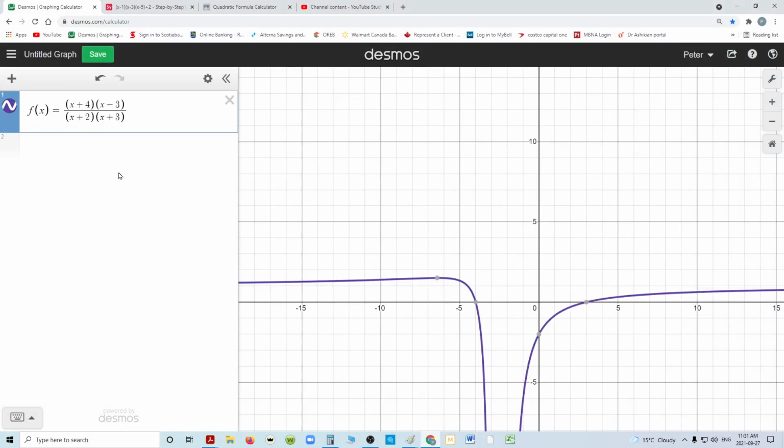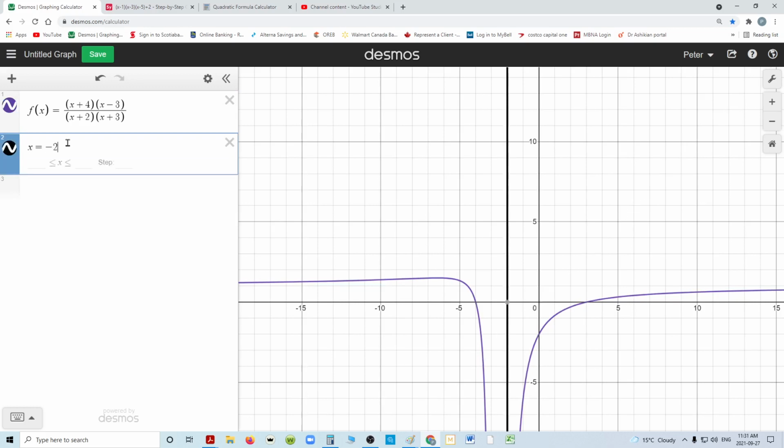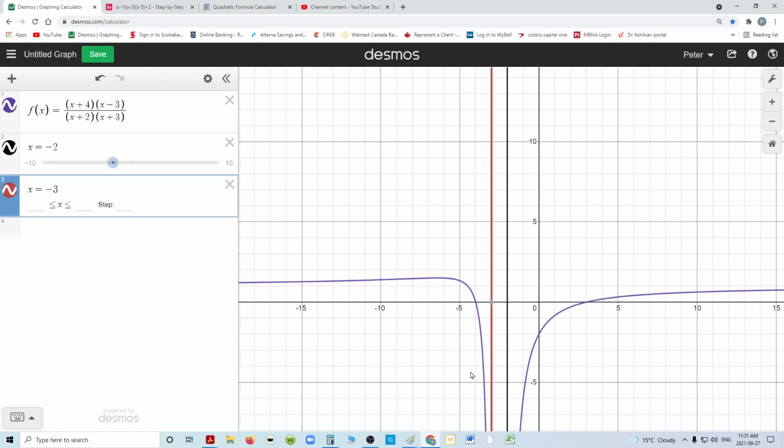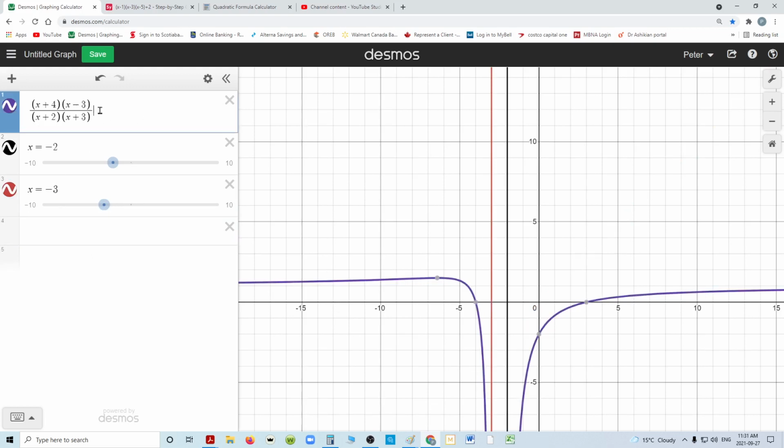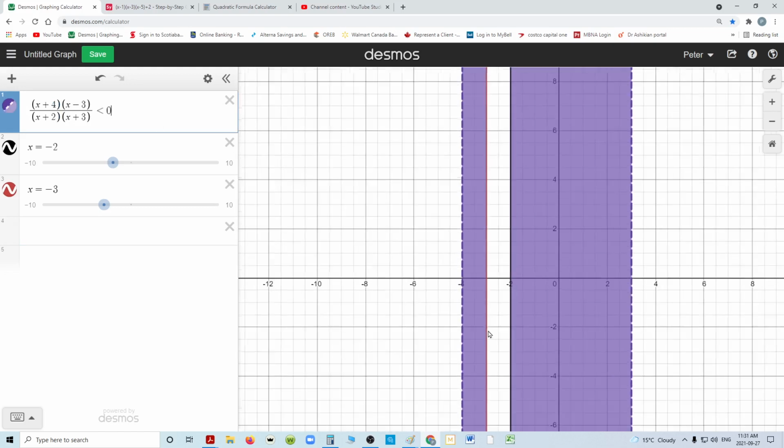So right away, I'm going to put my asymptotes in. So there's my two asymptotes. And I'm only going to show the graph when it's smaller than 0. So it even outlines it for me.